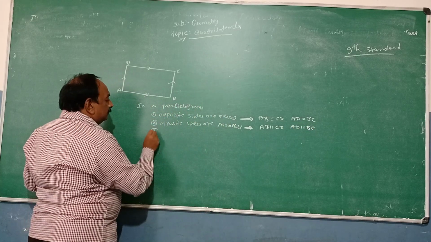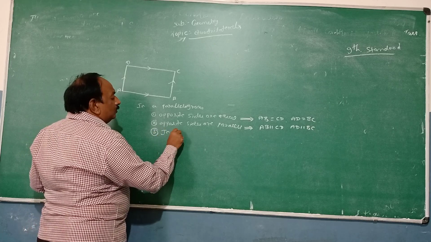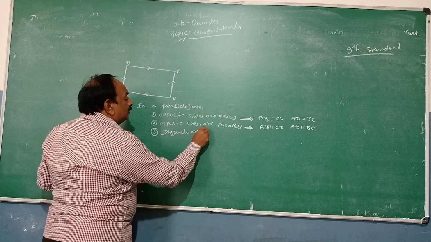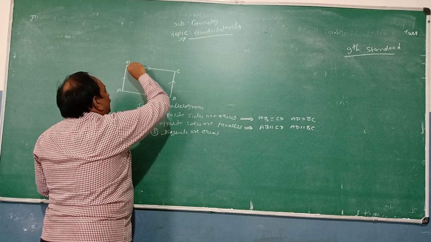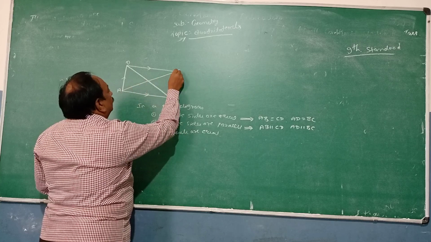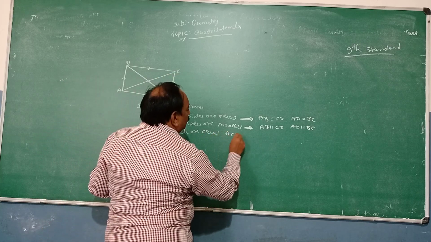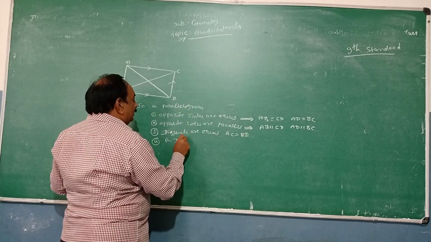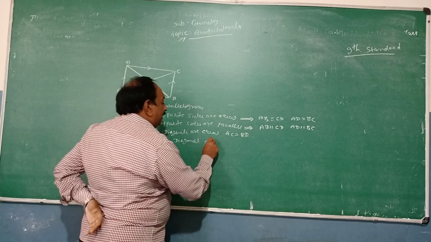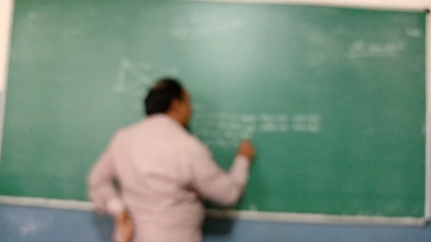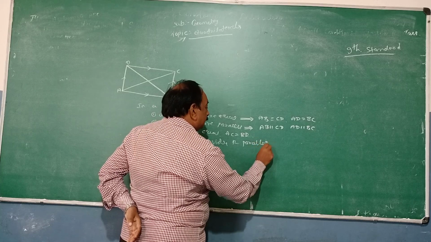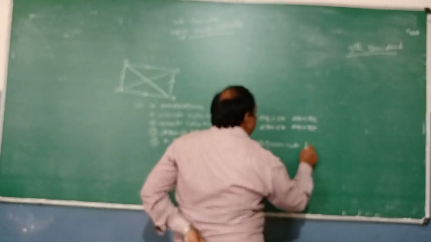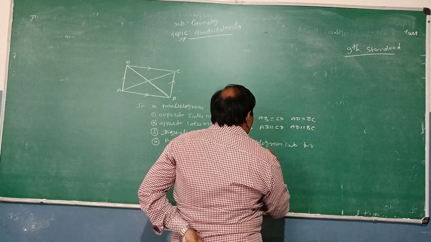Next one. In a parallelogram, diagonals are equal. AC is equal to BD. Next, the diagonal divides the parallelogram into two congruent triangles.